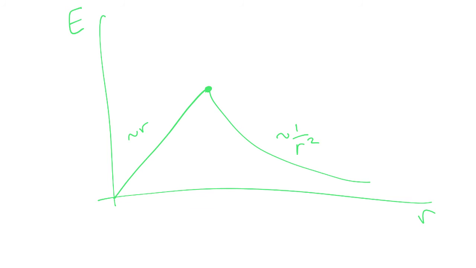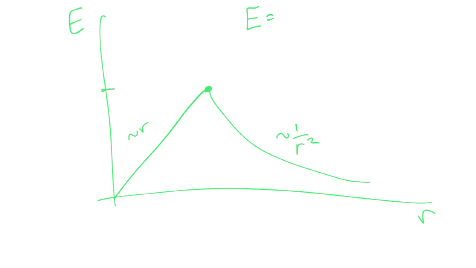So if we want to do this graph, this is a really common thing to do. It goes as r, and then it goes as 1 over r squared. You probably want to make sure that that spot is actually the same value. Inside, what did we have?